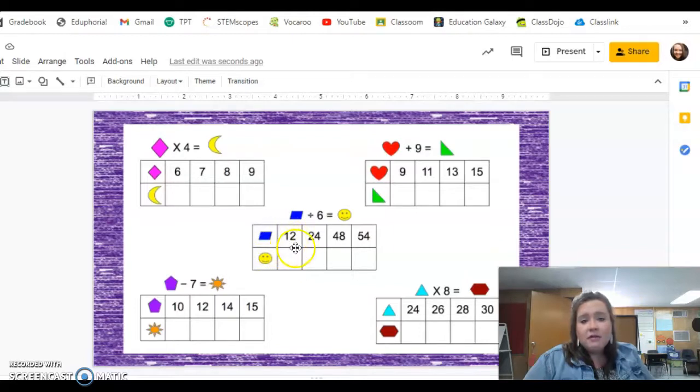So you have 12 divided by 6 equals something. 24 divided by 6 equals, 48 divided by 6, and 54 divided by 6. This is your pentagon minus 7 equals your sun. So 10 minus 7, 12 minus 7, 14 minus 7, 15 minus 7, okay?